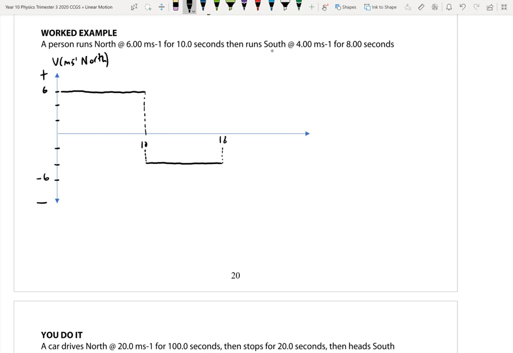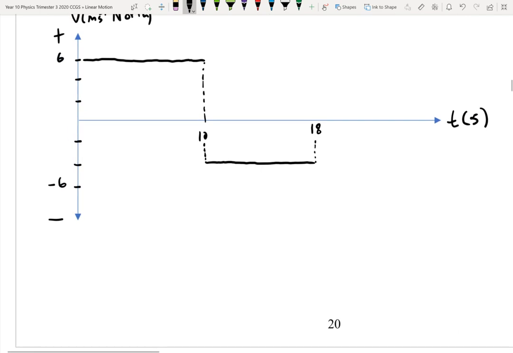Now, obviously, if you're running out at a faster rate for a longer time, they're not going to be back yet, are they? They're still jogging back. At 18 seconds, they're not back to the PE teacher. Well, look what we've done here. We've just got your displacement north, and this is going to be your displacement south.